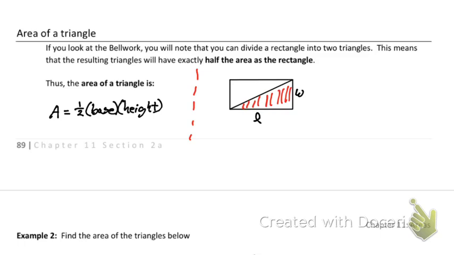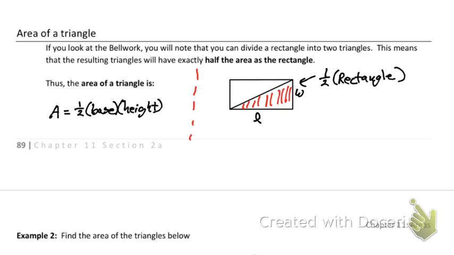That is where that 1/2 comes from. So in fact, the area of your triangle is 1/2 the size of a rectangle. And that's really where it comes from. Half a rectangle is a triangle. Every triangle is half of a rectangle. It's important to realize that because we're going to use that fact later on.